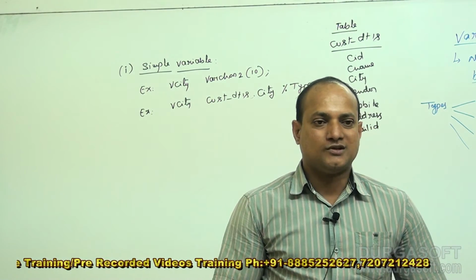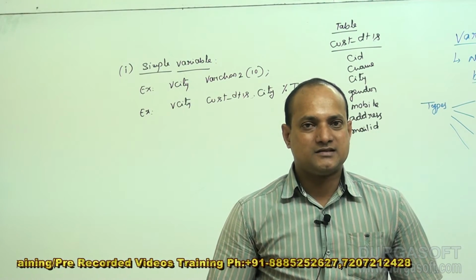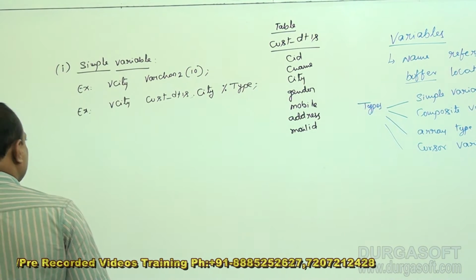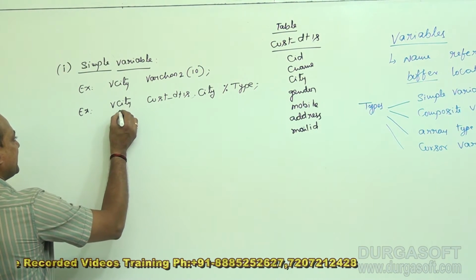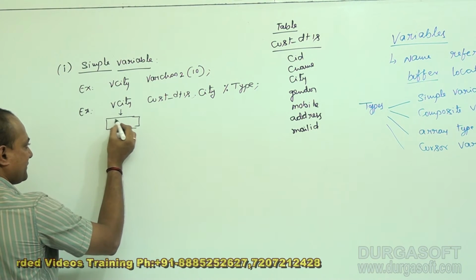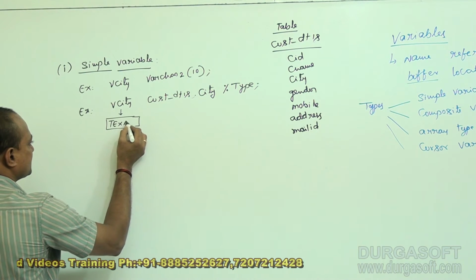From that column it takes the data type and size, which is applied to the variable. Okay, fine. So under this variable you can store only one value at a time. Let us say Texas is a city.